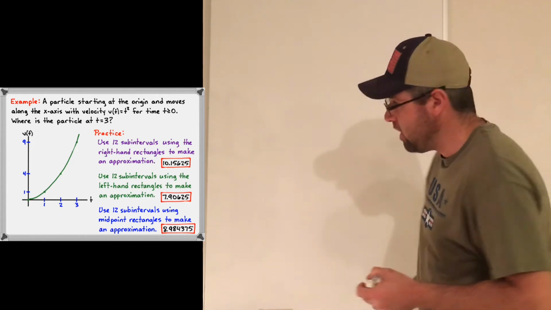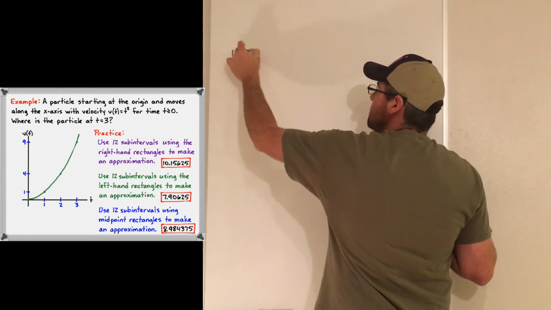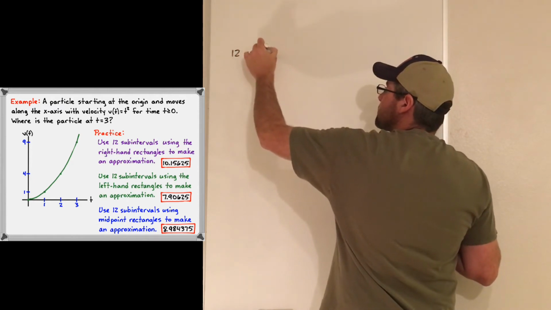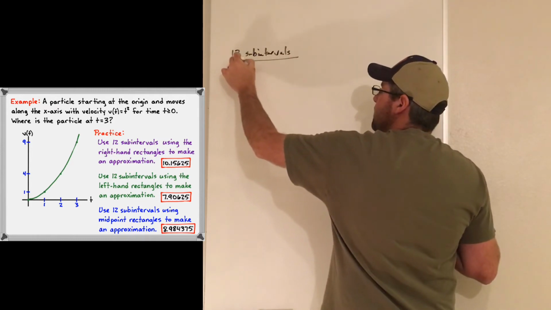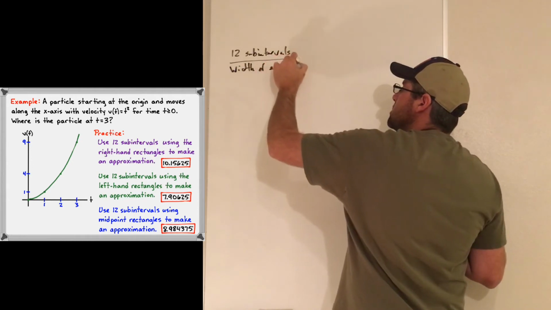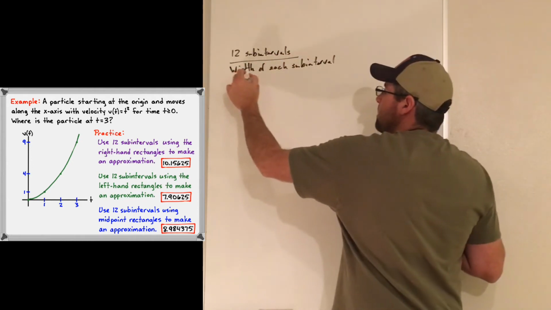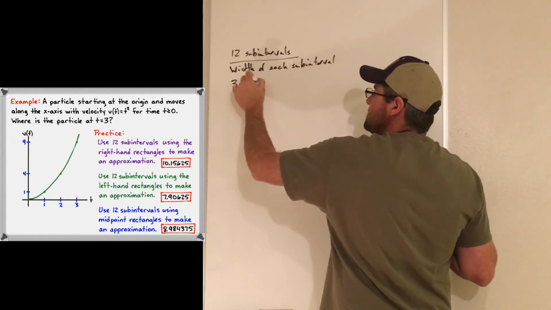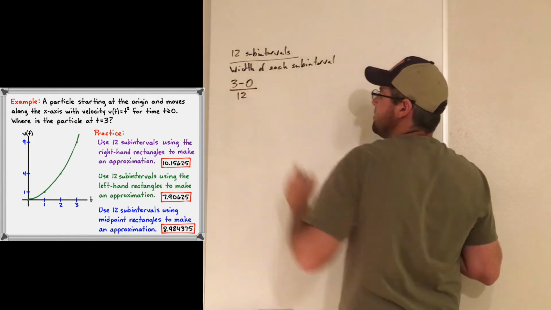If I'm looking at 12 subintervals, and we're going from 0 to 3, how wide is each subinterval going to be? The width of each subinterval is going to be 3 minus 0, the ending time minus the starting time, over how many subintervals you have.